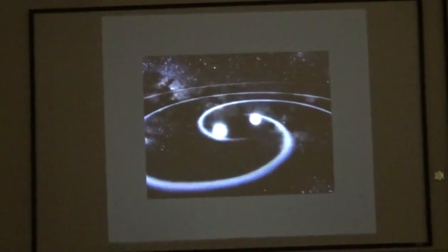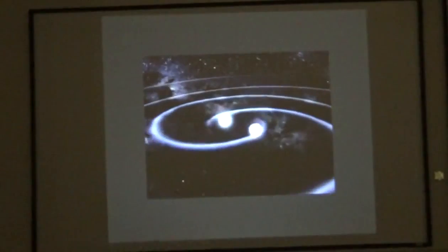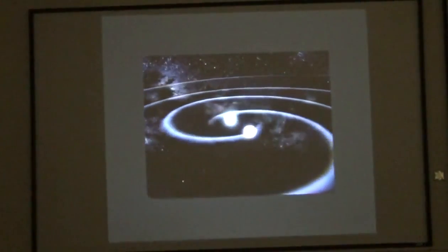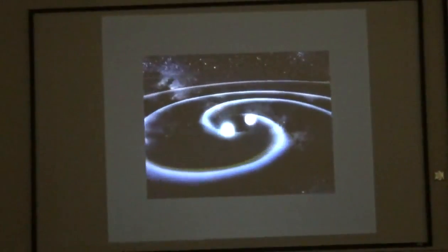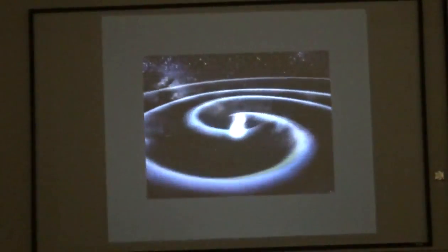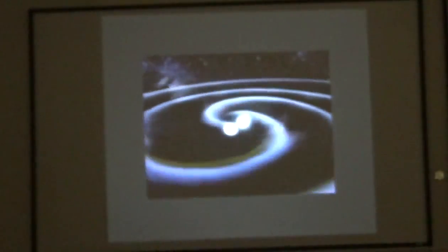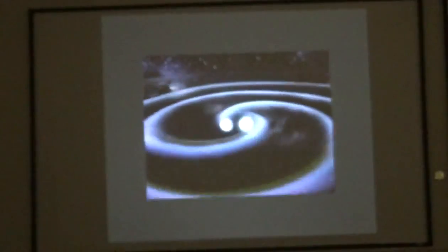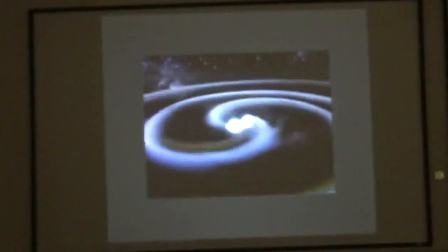Okay, so now you're looking at basically a simulation of the gravitational waves. So what you see is increasing frequency, increasing amplitude. All right, and this is the signal basically that we're going to detect. You can see the sweep through the frequencies in time, an increase in amplitude of the signal.